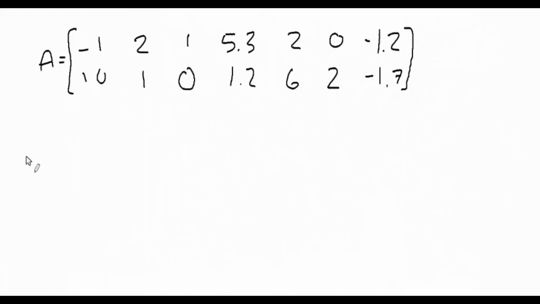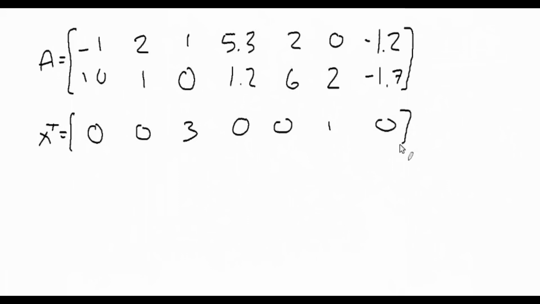Instead of writing down x, let's write down x transpose so we can line this up a little bit better. We have 0, 0, 3, 0, 0, 1, 0.